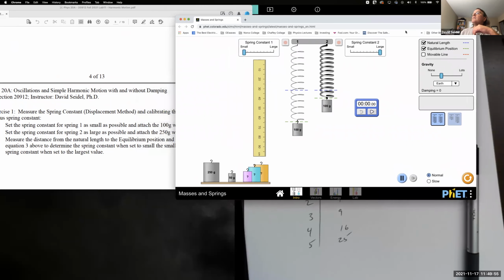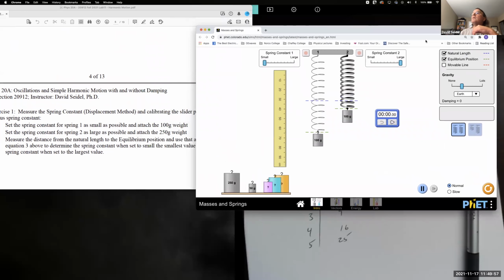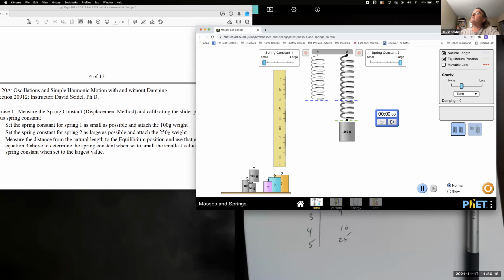Now, we did this before. And we're going to attach the 250 gram mass here. So we've got the 100 gram mass on this one, as small as possible, and the 250 gram here. Now, if I stopped this and put the 250 gram here, we end up with things off the screen.